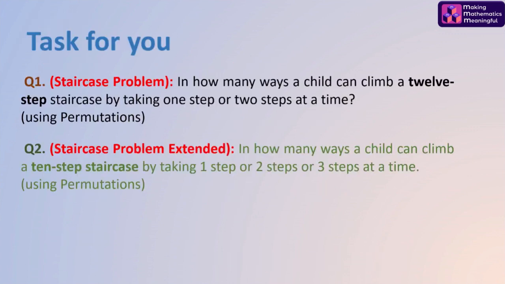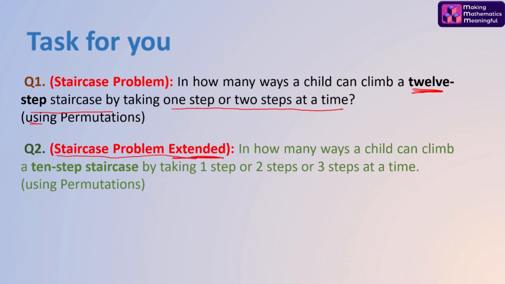The task for you, the first question: in how many ways can a child climb a 12-step staircase by taking 1 step or 2 steps at a time? But this time I am expecting your responses using permutations. And the second task is the staircase problem extended.